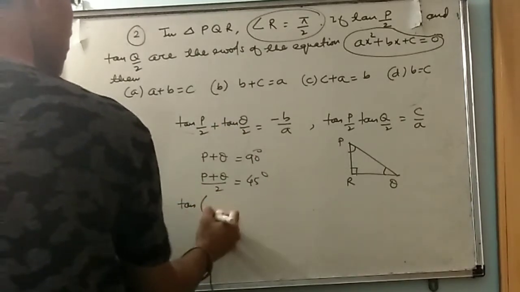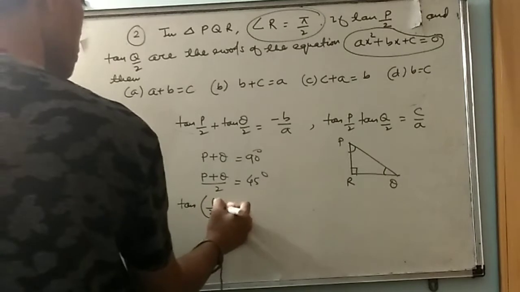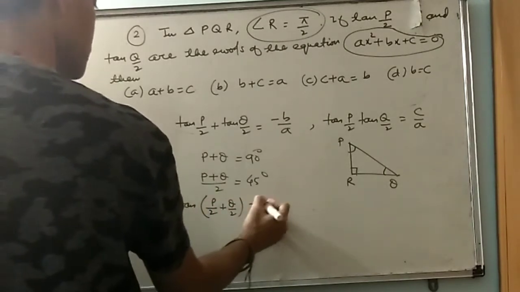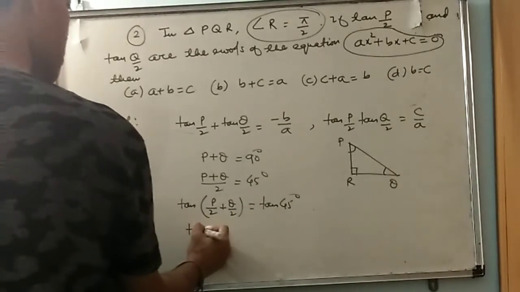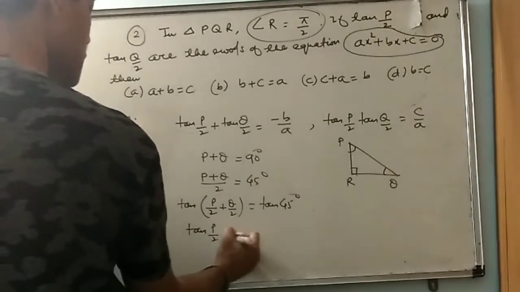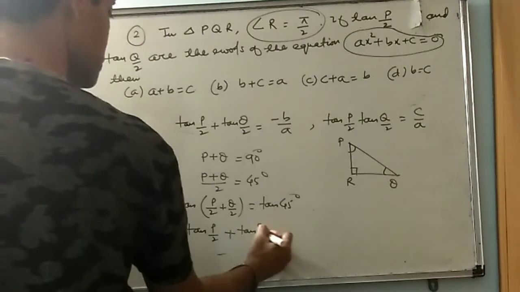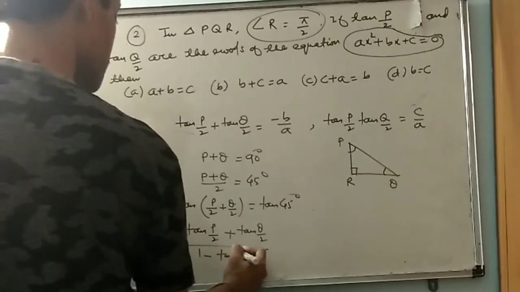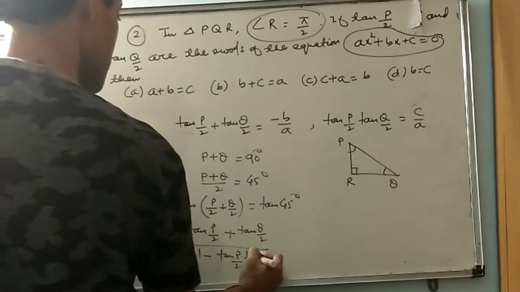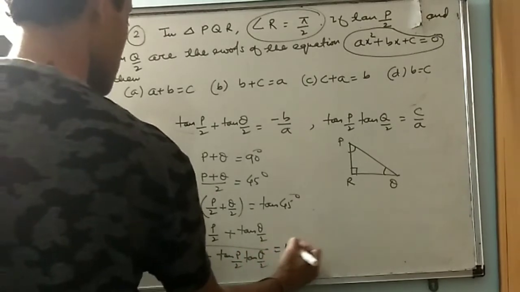So applying this, tan of P by 2 plus Q by 2 equal to tan 45 degree, we are getting tan P by 2 plus tan Q by 2 divided by 1 minus tan P by 2 into tan Q by 2, that is equal to 1.